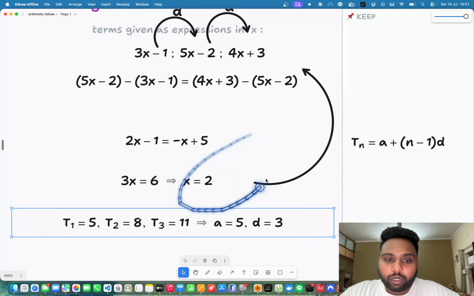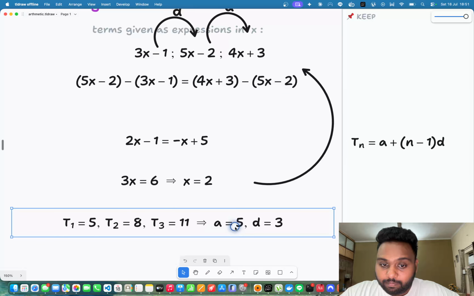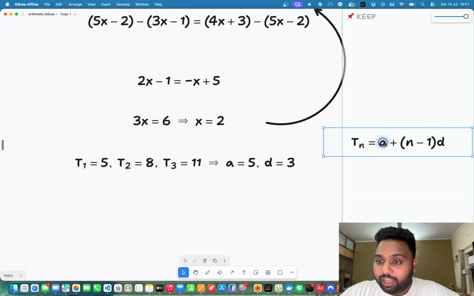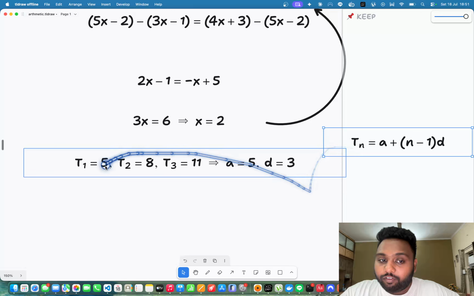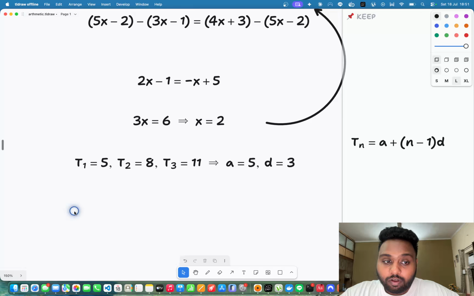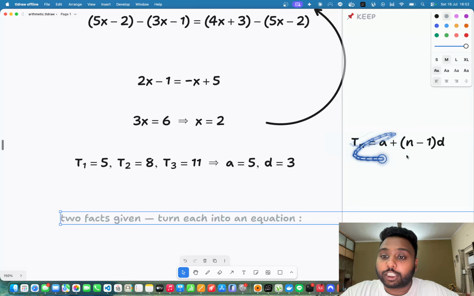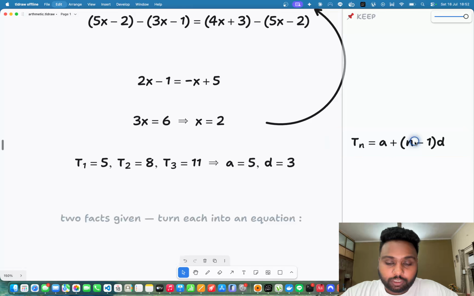I already know the d now, so the difference between these is 3 and the first value is a. So now we have a, now we have the value of d, and we can derive the general term for the series using this.